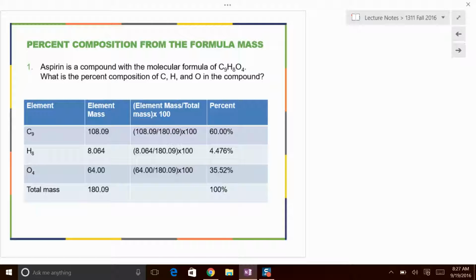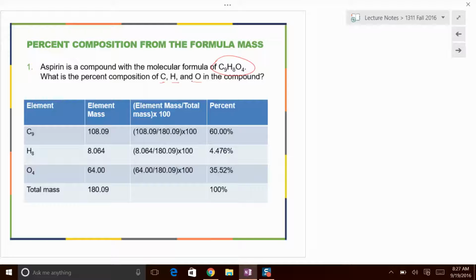Okay, so here's an example of how we would do that. Aspirin is a compound with a molecular formula of C9H8O4. What is the percent composition of carbon, of hydrogen, and of oxygen in the compound? First I have my list of C9H8O4. C9 weighs 108.09.